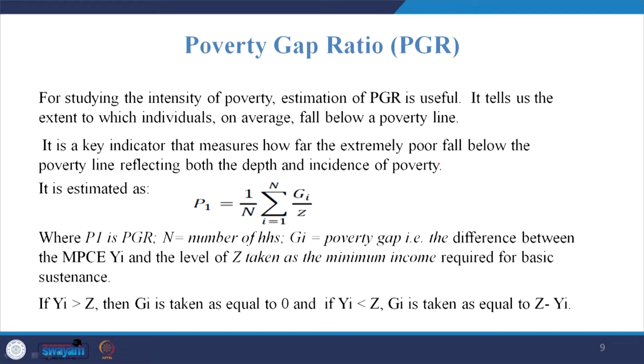For example, if two households are both below the poverty line, but in one household the consumption level is much lower than in the other, then that household will be treated as more poor.